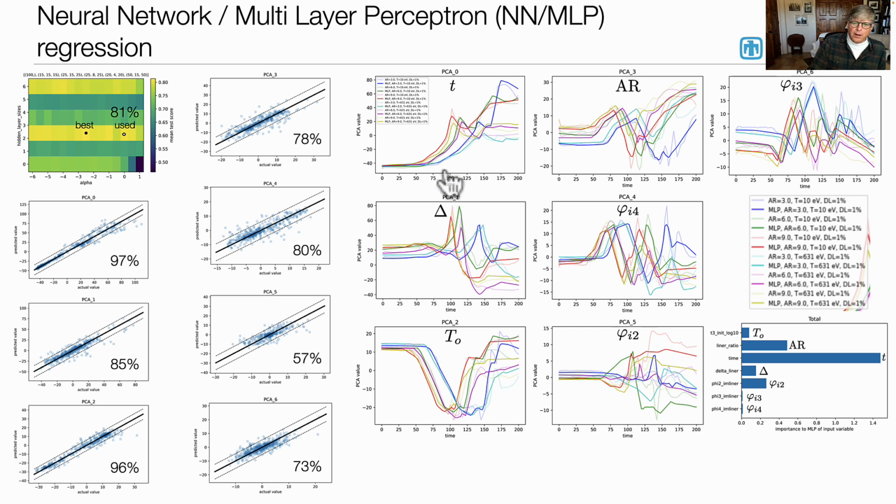What is more important, all of the details of the evolution of the principal components here on the right are captured, especially the point of stagnation or bang time and the cusp associated with it. And on the lower right, you can see the permutation feature importance analysis. These results will be discussed in more detail on a couple of slides to come.